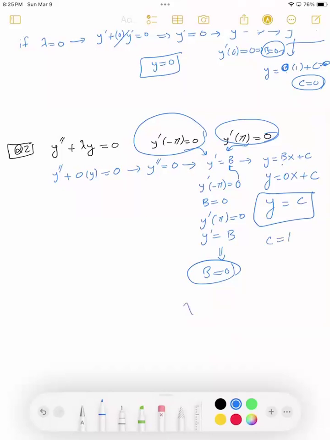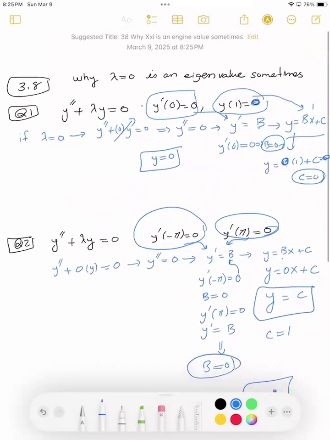So when lambda is equal to 0, y equal to 1, for instance, is a solution, or y equal to 2 is a solution. In my lab math, they use y equal to 1 as just one particular example. So here y is not a trivial solution, whereas in the first problem y equal to 0 is a trivial solution.